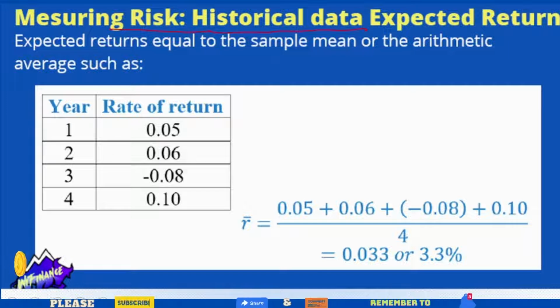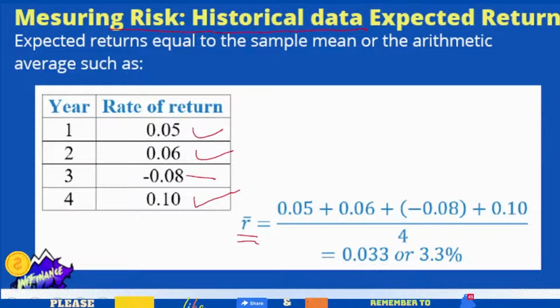A year ago, it made 5%. 2 years ago, it made only 6%. 3 years ago, it made negative 8%. And 4 years back, it made at least 10%. To compute the return, we simply calculate the arithmetic average that we learned back in high school.